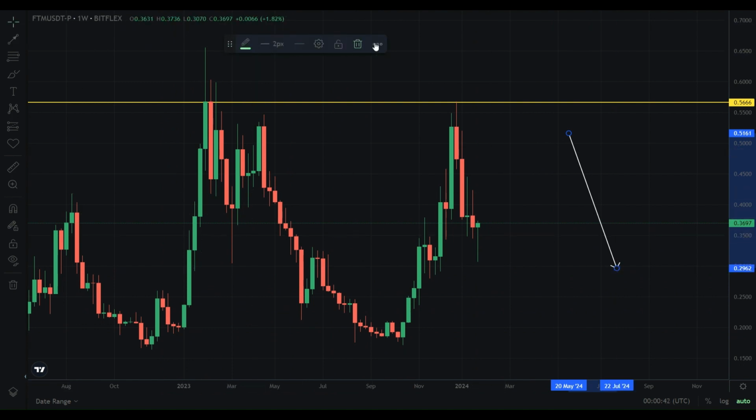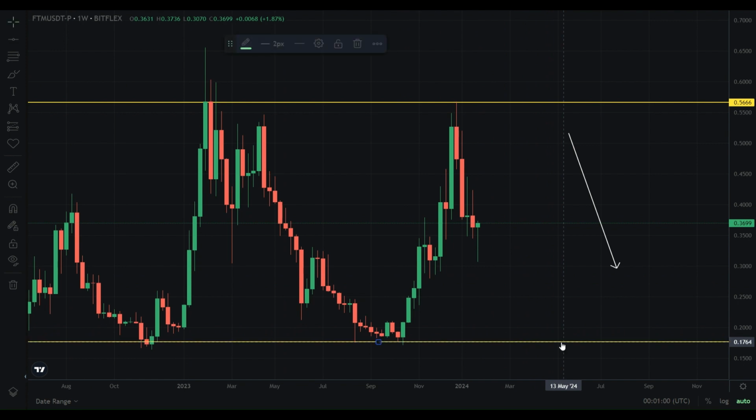So let's duplicate the line, or clone, should I say. Oops, sorry, that's my arrow, we don't want that. Right, and this area here doesn't have to be precisely to the point, you just need to have an area that you can identify as your support and your resistance.